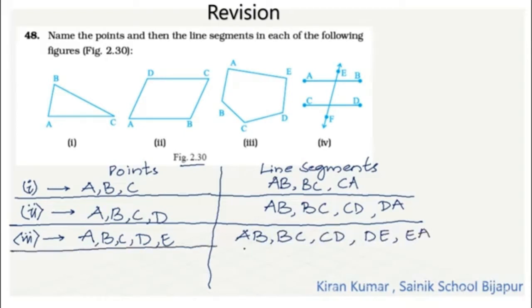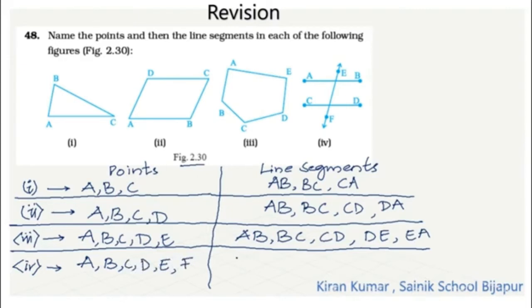For the fourth figure, there are 2 lines which are parallel and getting intersected. The points of intersection are not mentioned, so except that you have to write the remaining A, B, C, D, E and F. There are only 3 line segments here. They are line segment AB, line segment CD and the line segment EF.